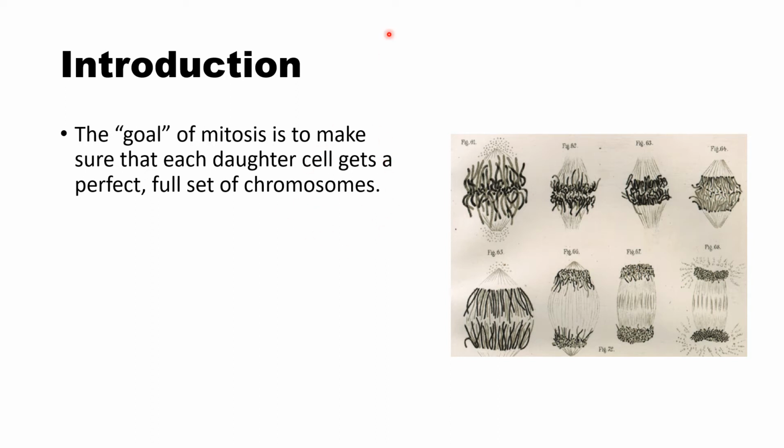Yung mga cells that have too few or too many chromosomes, yung masyadong maliit or masyadong marami yung set ng chromosome, they do not function well. Meaning they may not survive, or having too many or too few chromosomes in the daughter cell can also cause cancer.